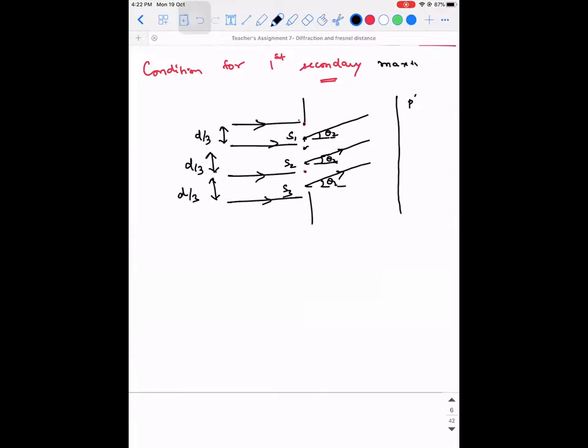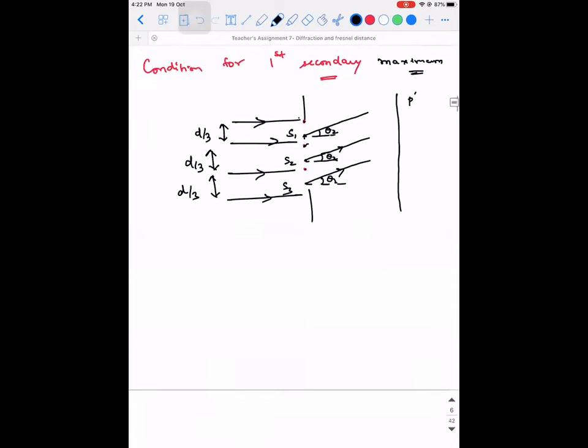First secondary maximum. The condition for maximum, we know, is odd multiples of lambda by 2. The path difference has to be odd multiples of lambda by 2. Now concentrate, guys.